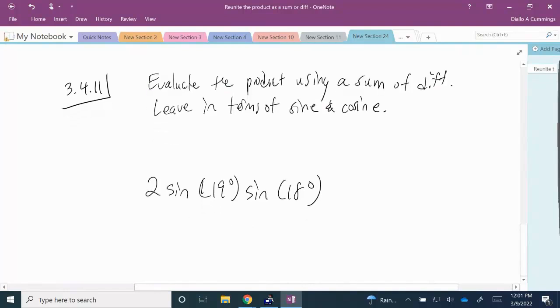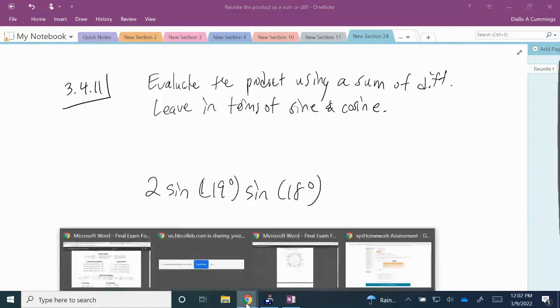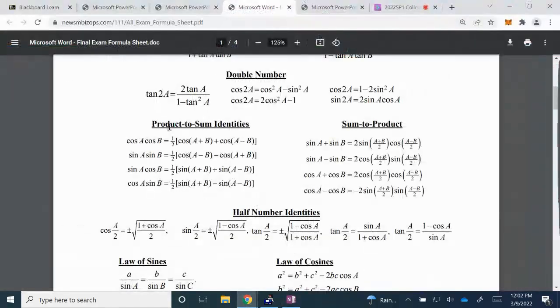So we want to rewrite this product as a sum or a difference. I'm going to look at the sum or difference products, and I'm going to look for the sine times sine pattern.